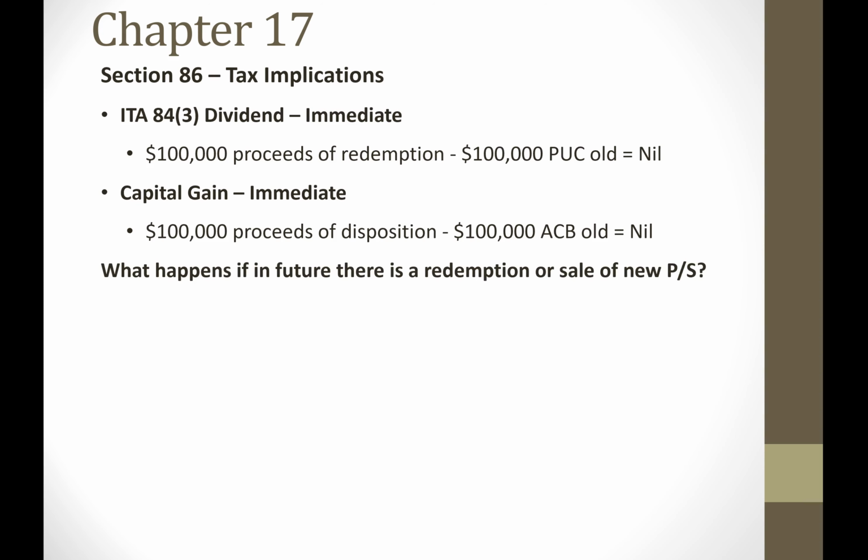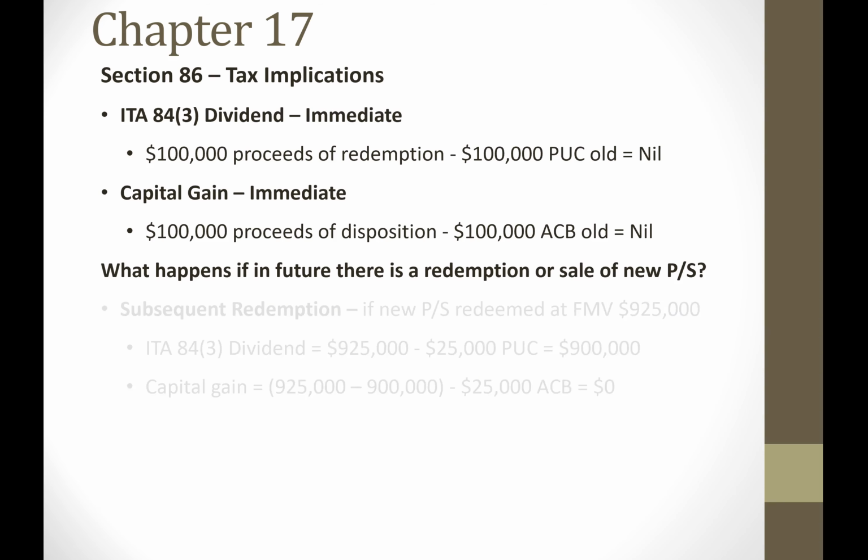Now, what happens in the future? So right now, Shirley holds the note for 75,000 and the preferred shares. Now, remember, the preferred shares, their fair market value is 925,000, but the ACB and PUC are both 25,000.